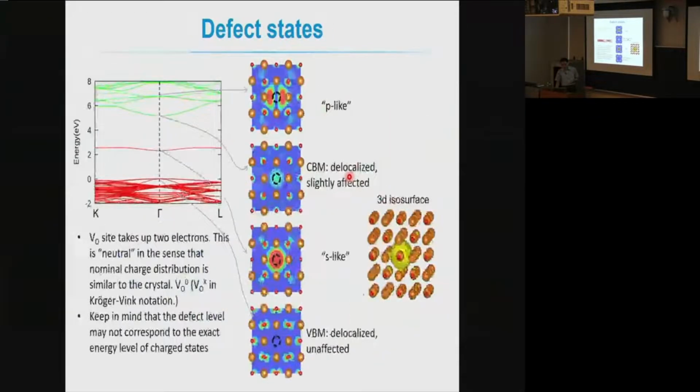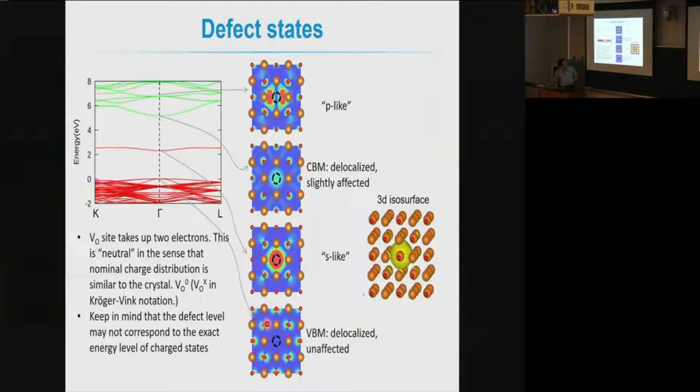Okay, let's look at the distribution of this state in more detail. If you plot this isosurface or distribution of the wave function, then the valence band maximum is more or less delocalized, and so it is dispersed throughout the crystal.